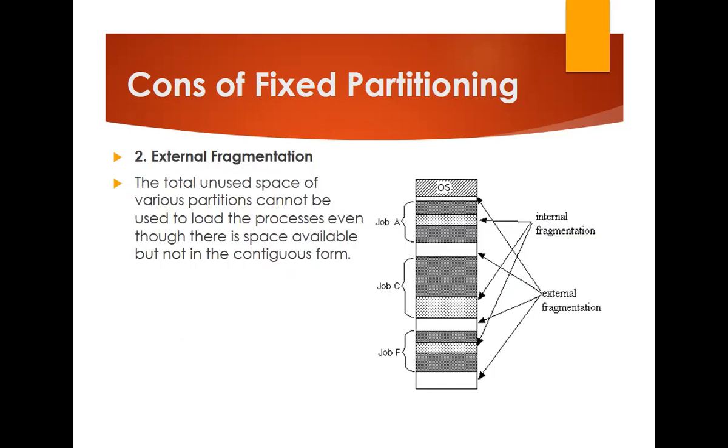The other disadvantage is external fragmentation. External fragmentation is the total unused space of various partitions that cannot be used to load processes, even though there is space available, but not in contiguous form. What does this mean?